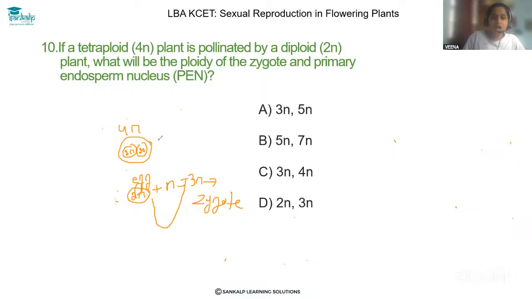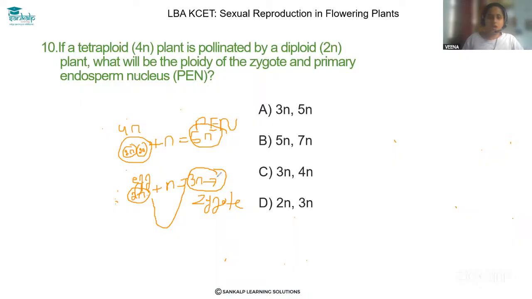And then another male nucleus, that is also n, because the plant is diploid. Then it becomes 5n, that is PEN, the primary endosperm nucleus. So the correct answer is PEN is 5n and the zygote is 3n.